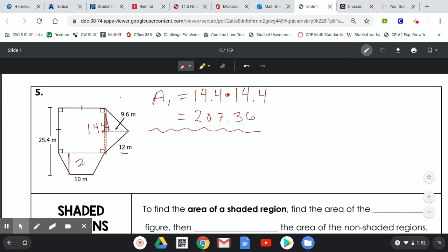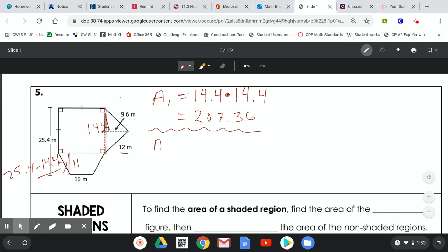The height is 25.4 minus 14.4, and that gives us a height of 11. I'm going to erase this 2 right here so we don't get confused.